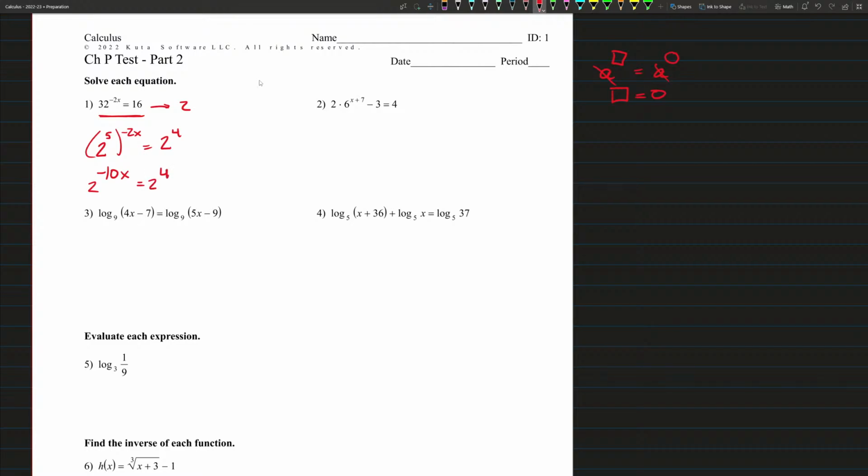Because we have 2 as a base on both sides, the one-to-one property says we can cancel those out, and then we can just solve negative 10x is equal to 4. So x is equal to 4 over negative 10. I'm not worried about you simplifying. I just want you to be able to get to that answer.